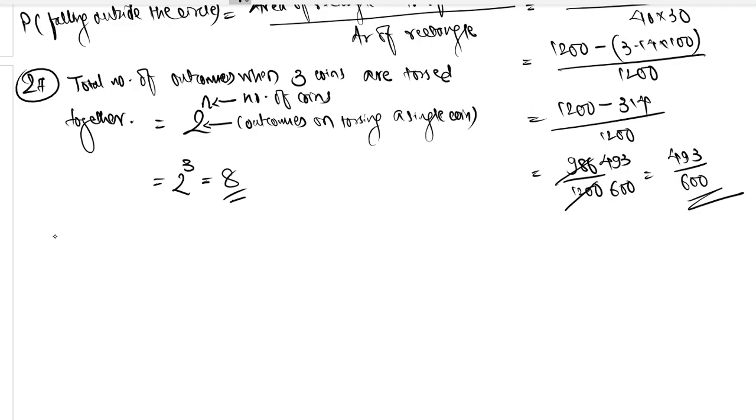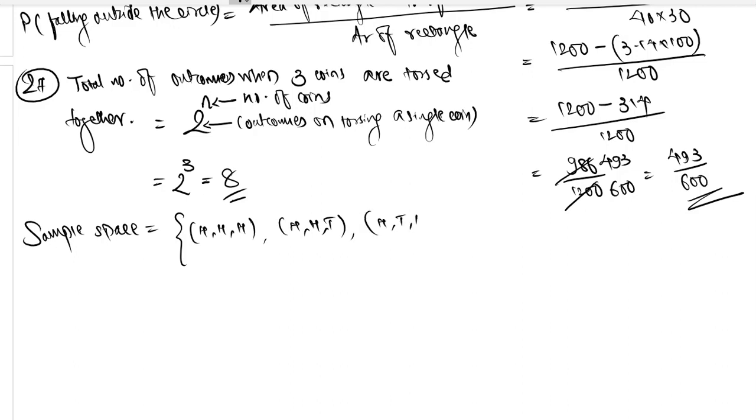Now let us write the sample space. When three coins are tossed together, it becomes H, H, H, all heads, H, H, T, H, T, H, T, H, H. Now there are all the possible outcomes where there is one tail and two heads are covered.